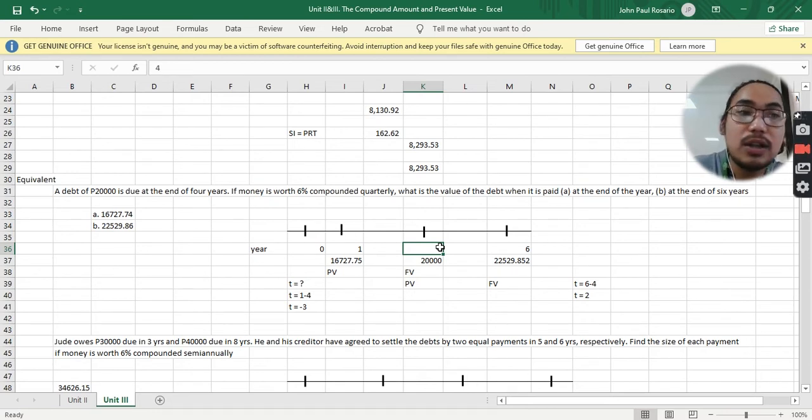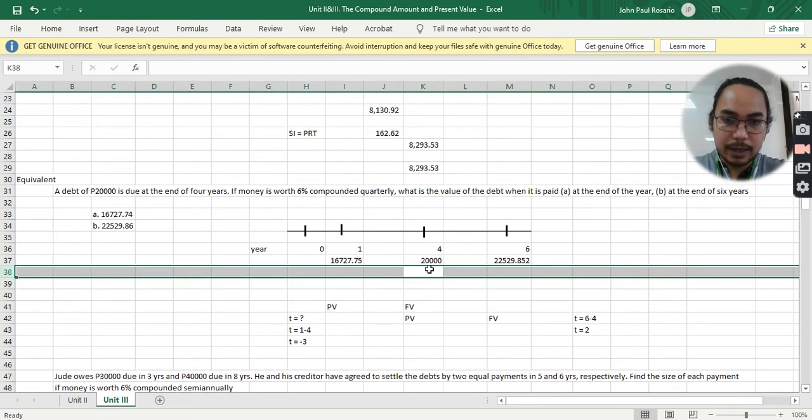If you went back in time, then you will be using present value. If you have to go further in the future, then you have to use future value. Again, in your timeline, the amount on the left is a present value. The amount on the right is a future value.